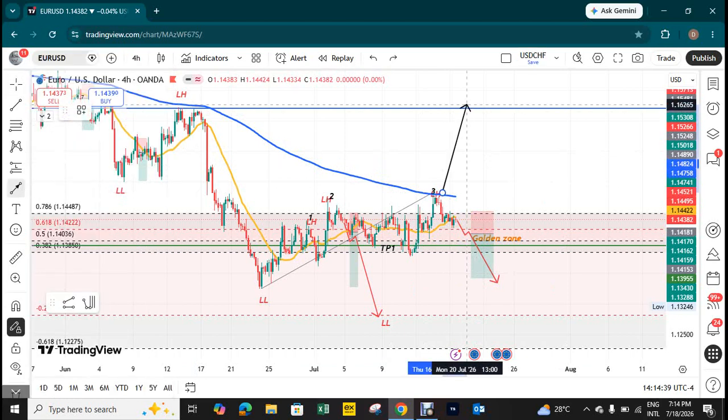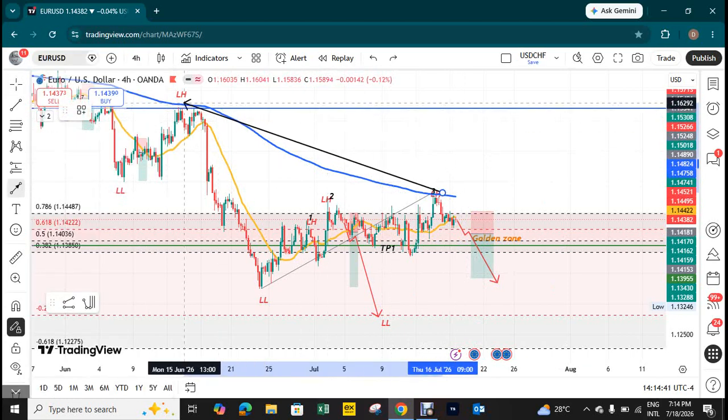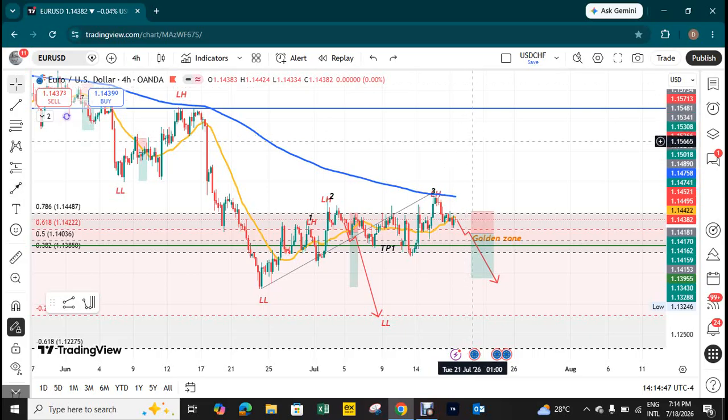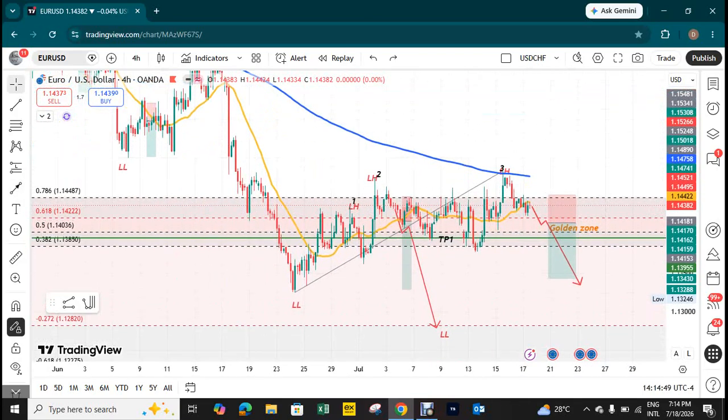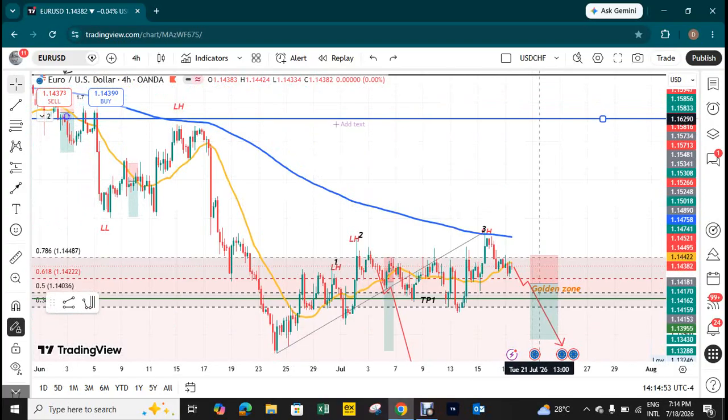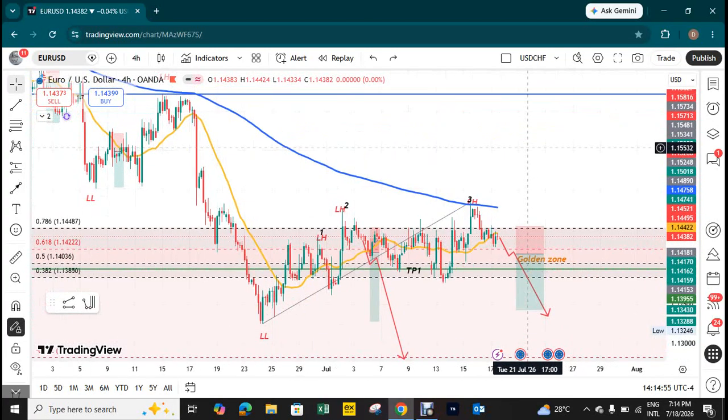Price needs to come up, break this blue line, which is the lower high which we have here, before we can see buys come alive, they come to play. So what we want to see is for price to come up, cross this blue line here, for us to start seeing buys take charge over the market.